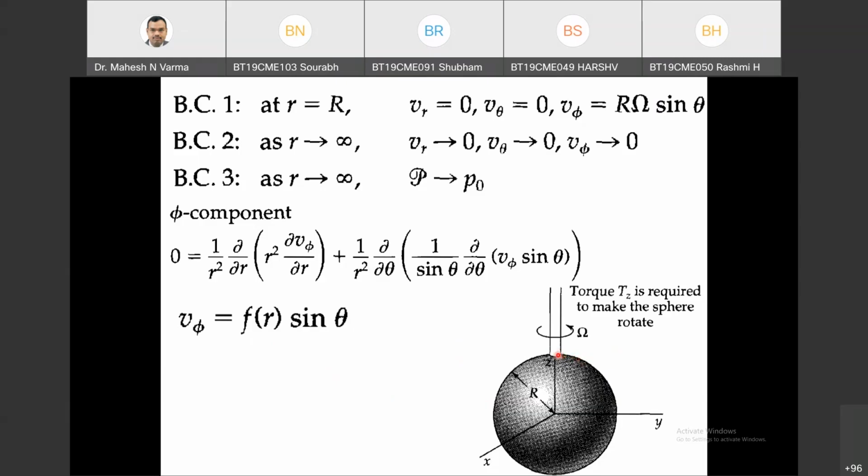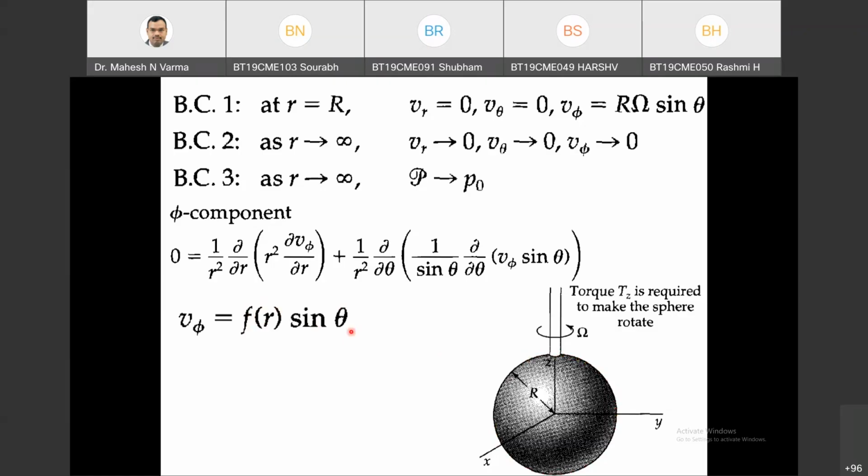Sine 0 equals 0, sine 90 equals maximum, again sine 180 equals 0, again sine 270 is maximum, and again sine 360 is 0. So certainly some function of r into sine theta.